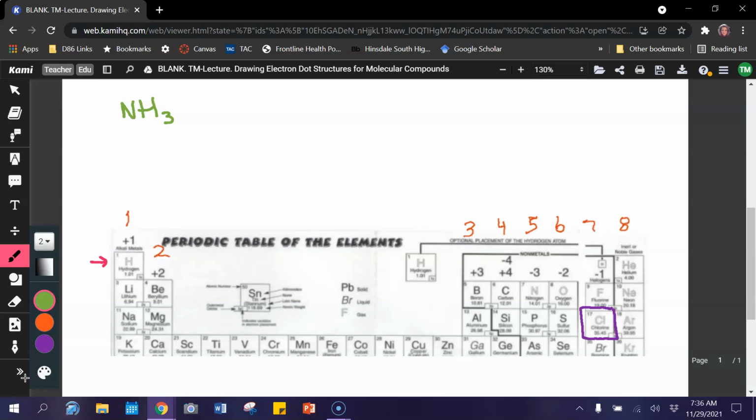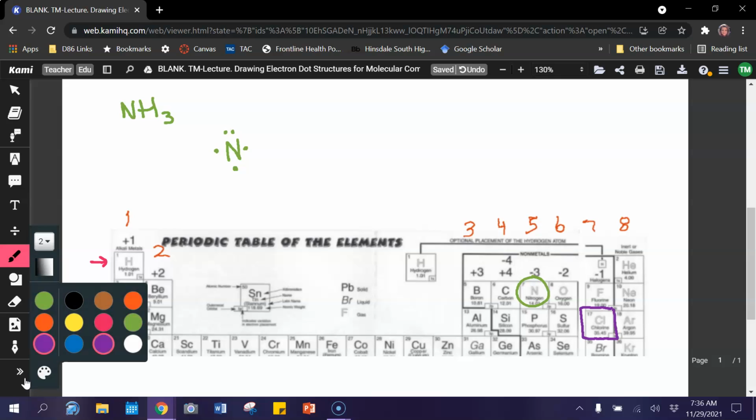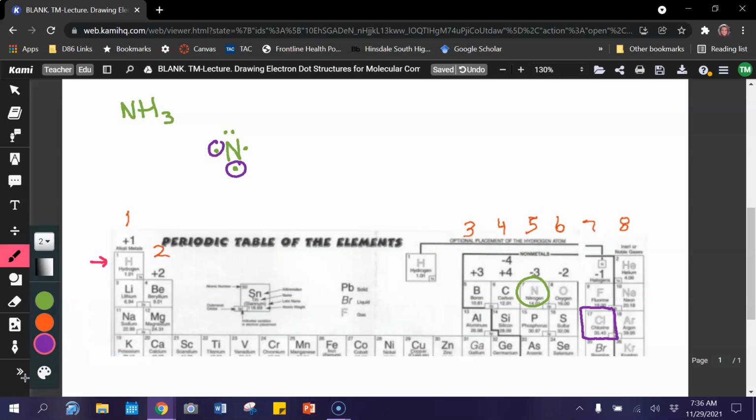So with NH3, we're going to put my nitrogen in the middle, and nitrogen is in group number 5, so we have 5 valence electrons here. Because I drew my electron dot diagram correctly, I know that nitrogen has to have 3 covalent bonds.